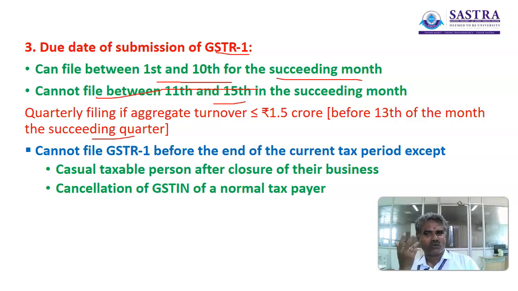Suppose you are filing a quarterly return, and your turnover is not more than 1.5 crore. June is the first quarter, so by the 13th of July you have to file the first quarter return.